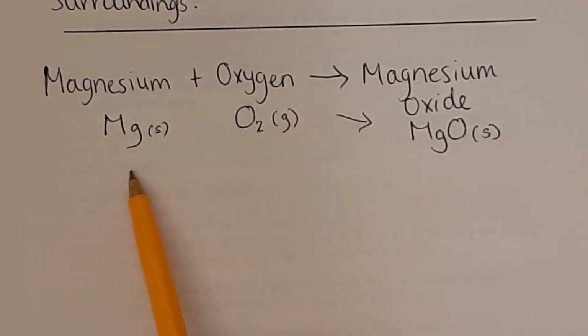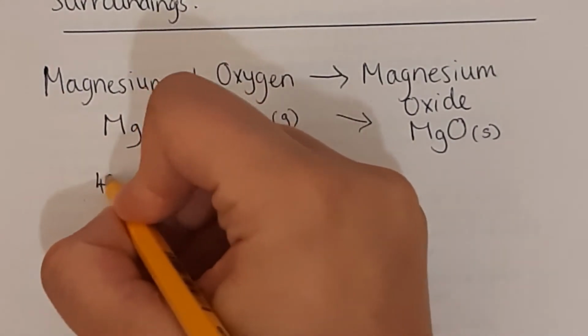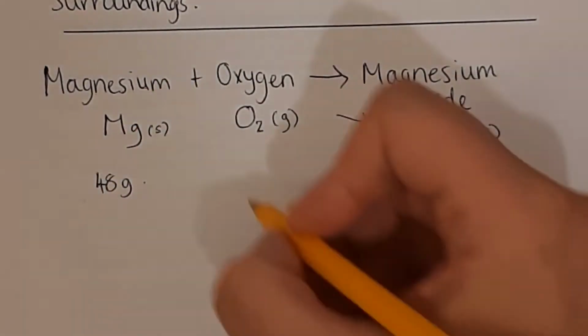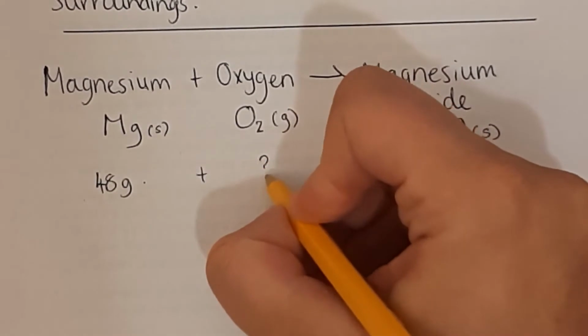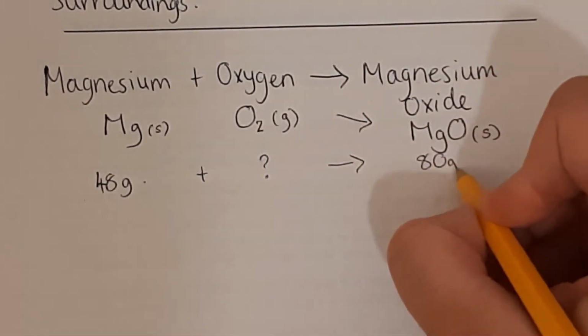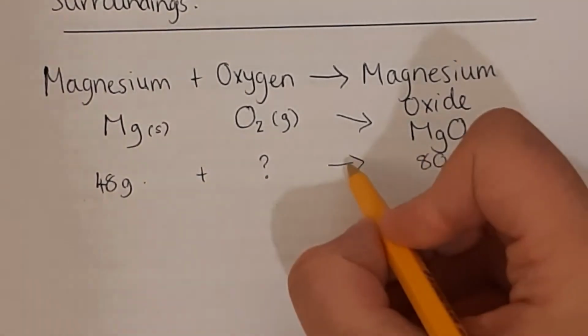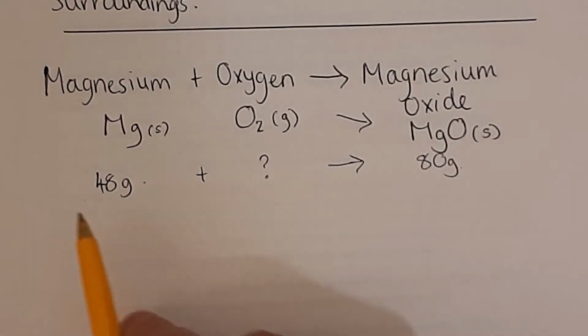So we'll weigh this magnesium and say the magnesium weighs 48 grams, okay? So we have 48 grams of magnesium plus an unknown amount of oxygen, which will turn into 80 grams of magnesium oxide. So how much oxygen did we take in from the atmosphere? Well, we can work that out because 80 take away 48 is 32 grams.